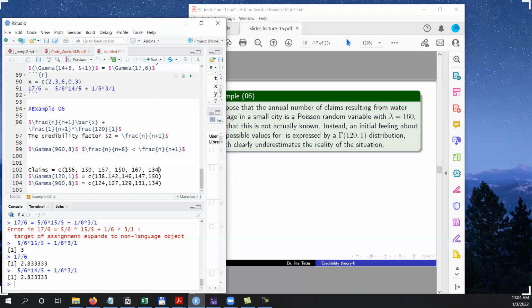This might be something for you to think about at home. So that might be a lot of questions. And actually, we will consider this example next week. We'll check that.